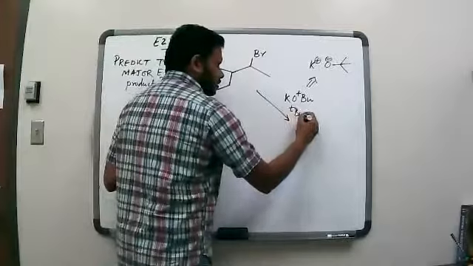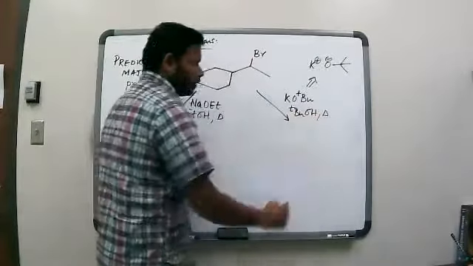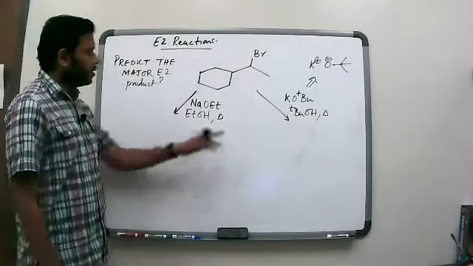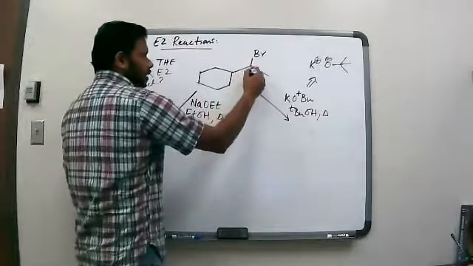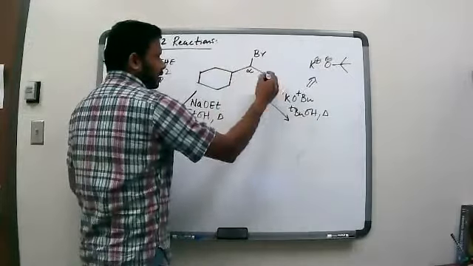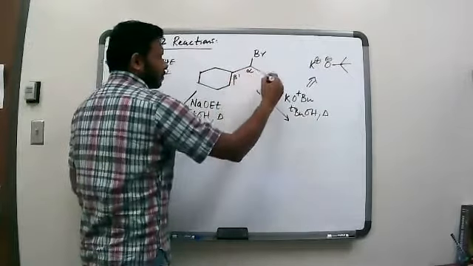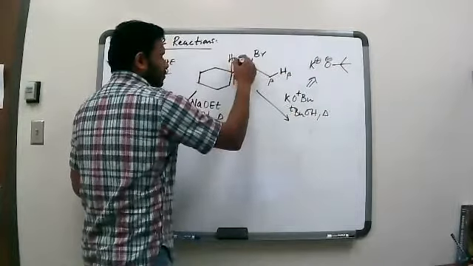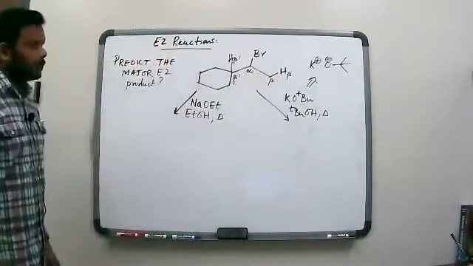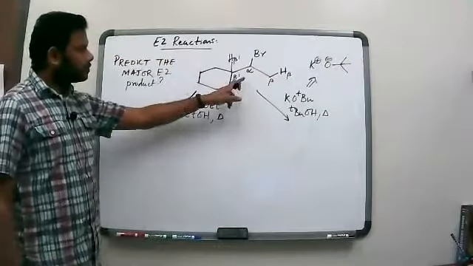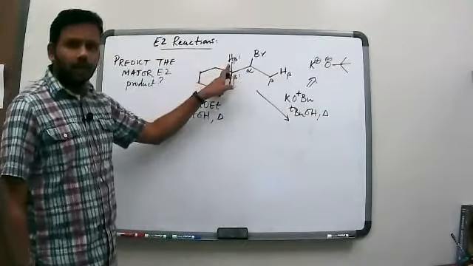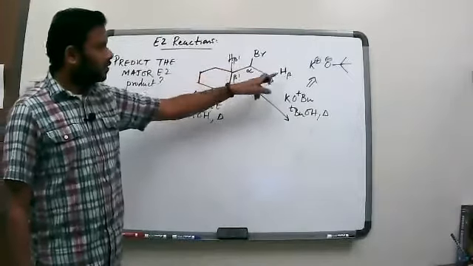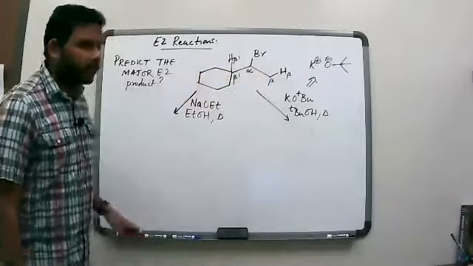And t-butanol with heat. So we're trying to see what happens in both cases. So we have the alkyl halide alpha, beta, beta prime. H beta, you have H beta prime. So if we remove H beta prime, we are going to get a double bond over there. If you remove H beta, we'll get a double bond over here.